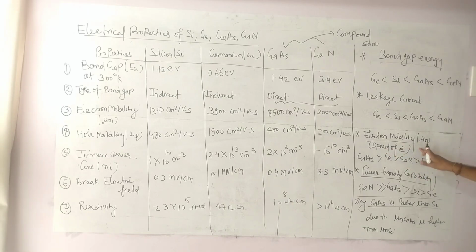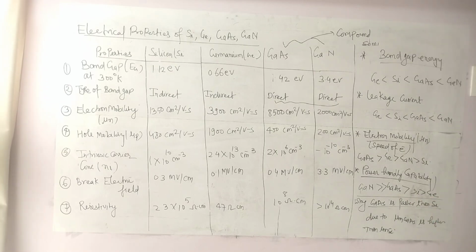Electron mobility decides the speed of electrons; the highest electron mobility is in gallium arsenide, then germanium, then gallium nitride and silicon. For power handling capacity, gallium nitride is the highest, then gallium arsenide, silicon, and germanium.